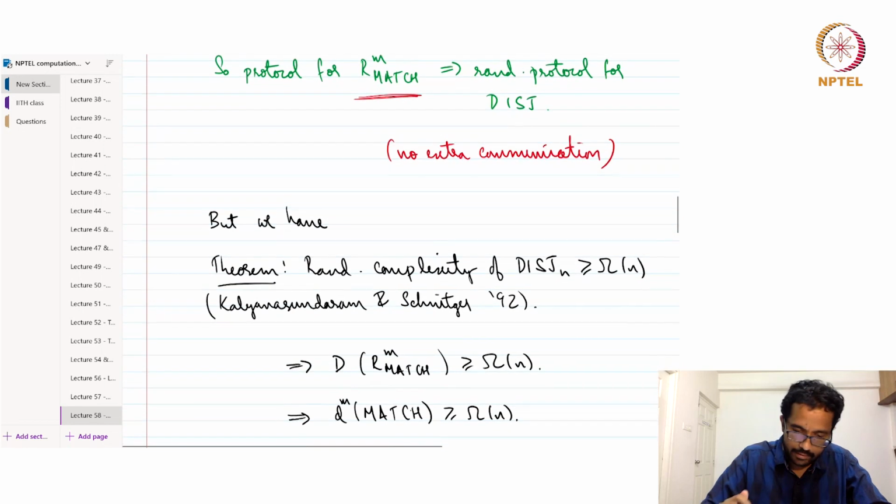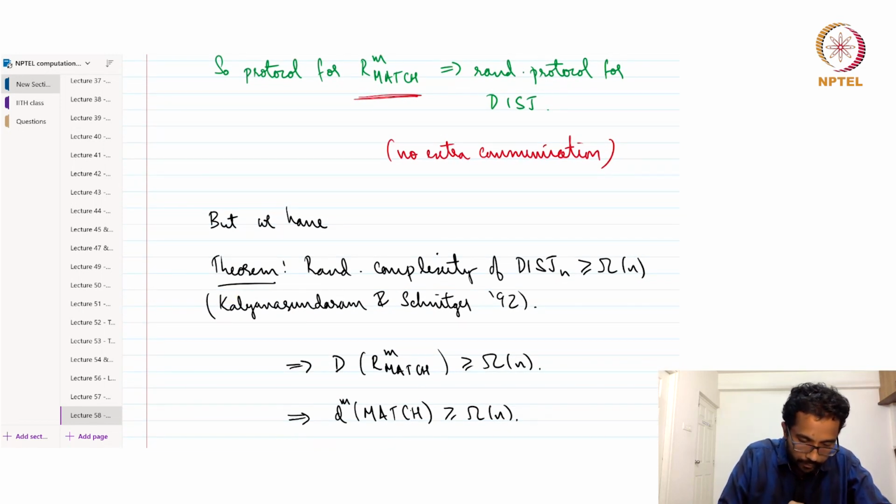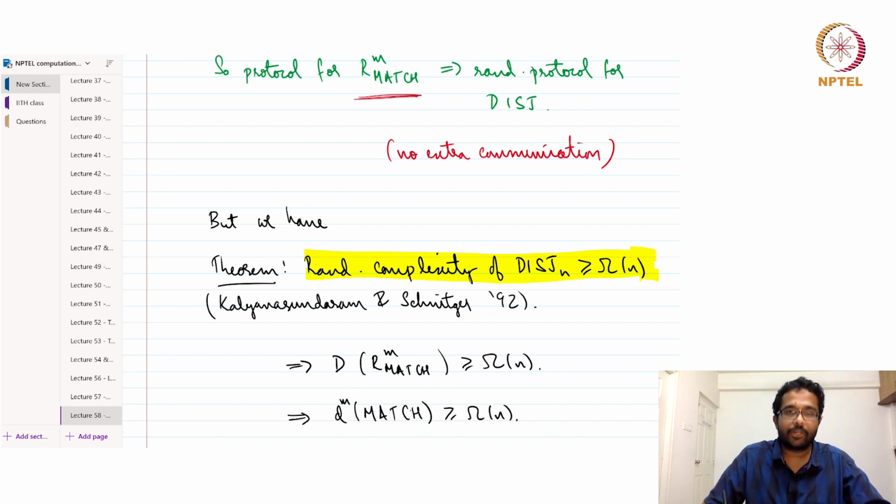But there is a result which I will not prove, I will just state, that the randomized complexity of disjointness is at least linear. This was a result in 1992 by Kalyanasundaram and Schnitger, who showed that the randomized complexity of disjointness is at least linear.